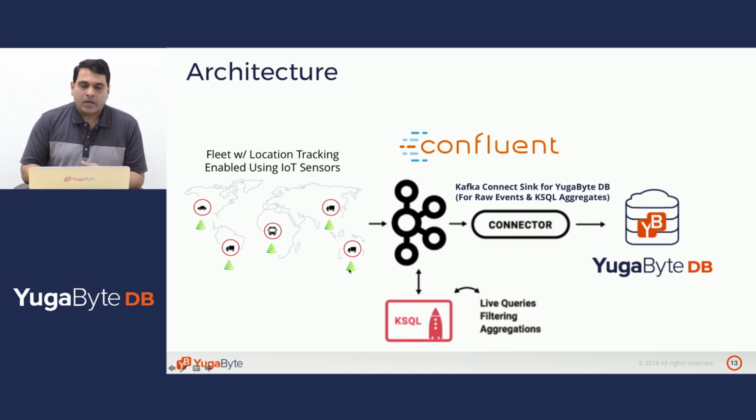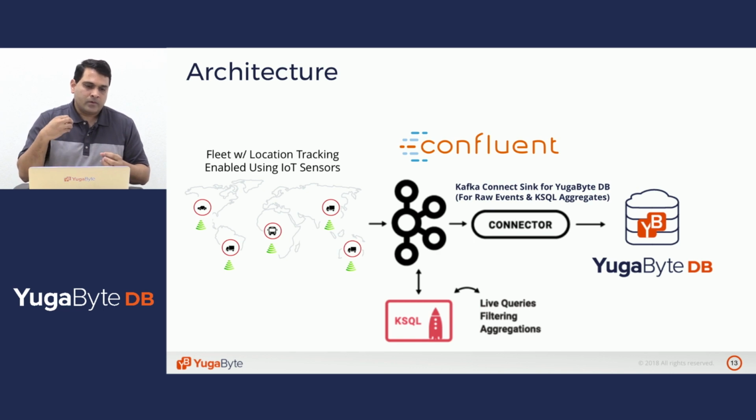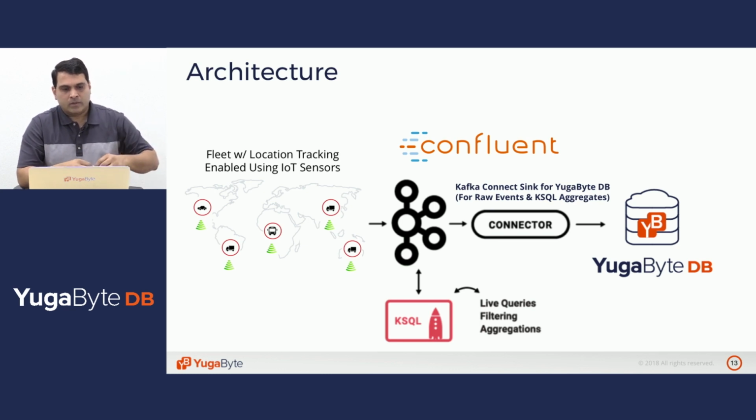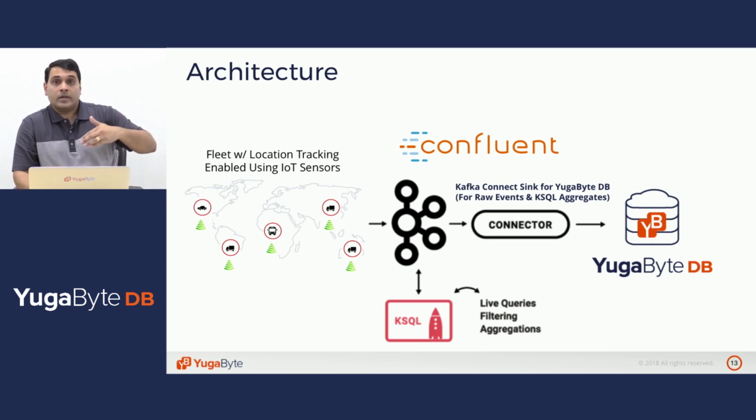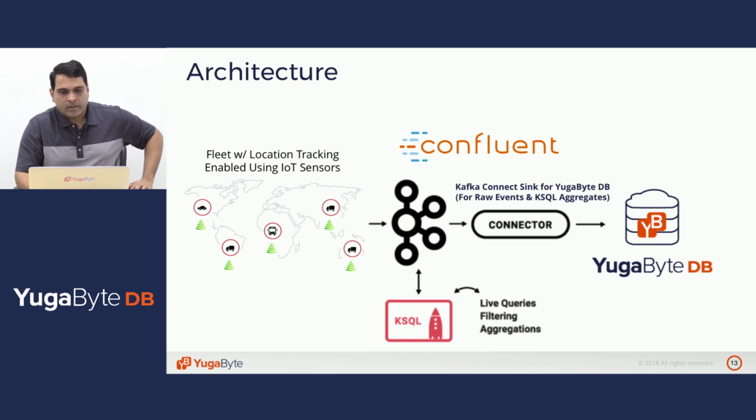Just to give you the architecture of the app, like we said, there's a fleet of location tracking enabled devices like trucks or cars which are sending information, so that when they give their location coordinates of where they are and how fast they're going, the company can predict what the end user is going to get, so that the SLAs for those companies are met.